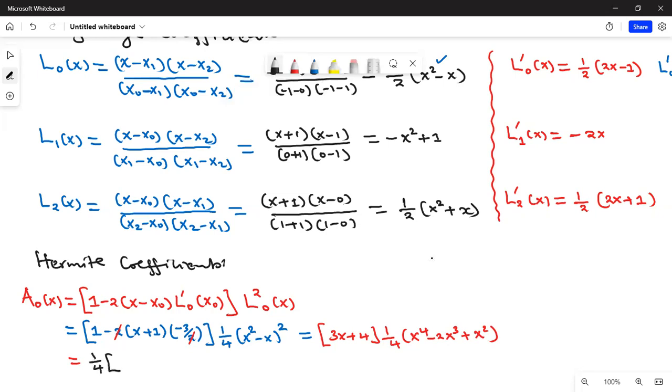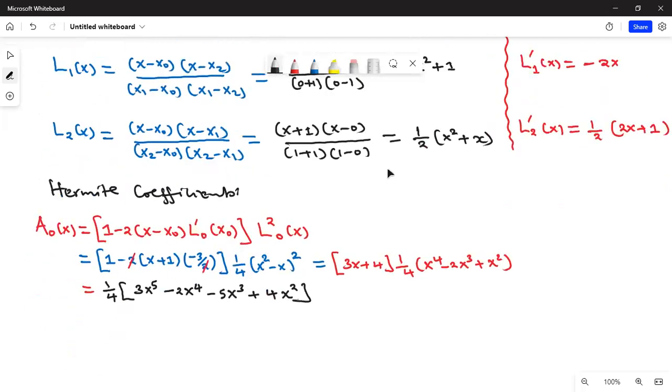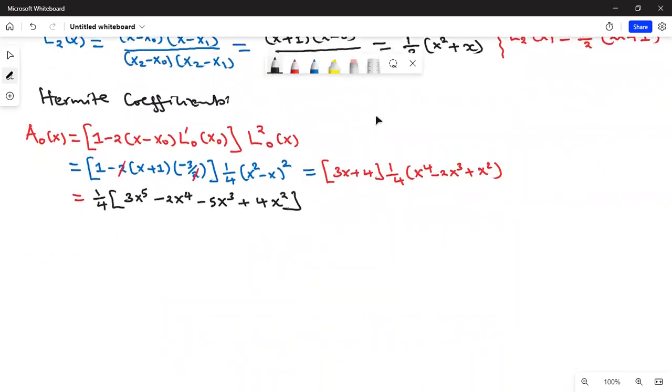Then inside, we should get 3x raised to 5 minus 2x raised to 4 minus 5x cubed plus 4x squared. So that's our A0 of x. Do the same to find A1 of x and A2 of x.